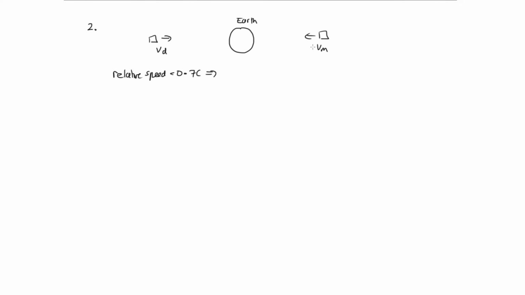And what that means is that the speed Mum measures for Dad is 0.7 c. So looking at our equation, Vx prime is equal to Vx minus u over 1 minus uVx on c squared.